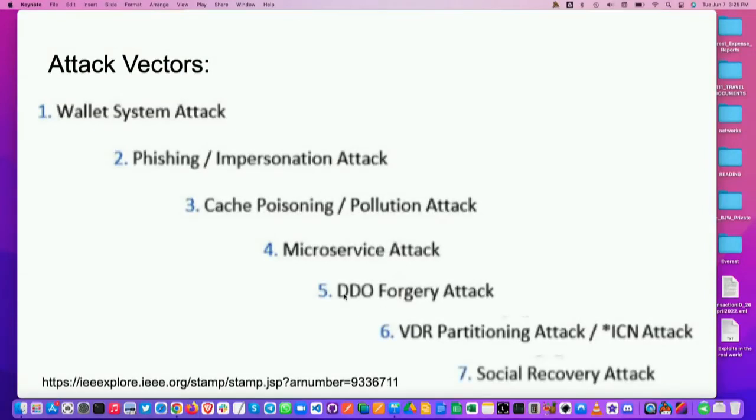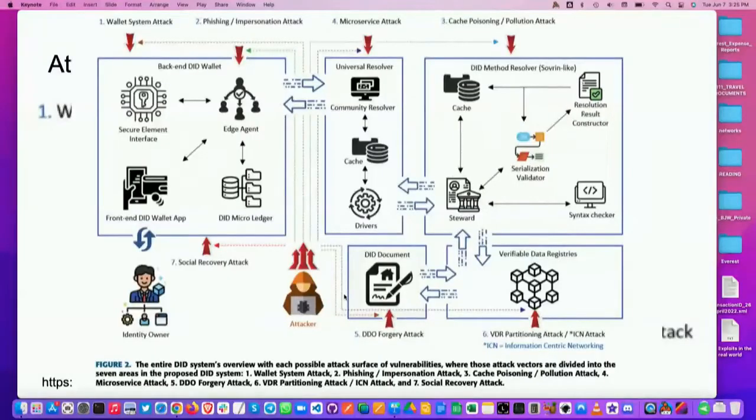Wallet attacks, phishing attacks, cache poisoning attacks, they're all there. It's a cornucopia of attack vectors. They go through and map out the entire ecosystem and point to every point there is a flaw. Like I said, it's extremely thorough.